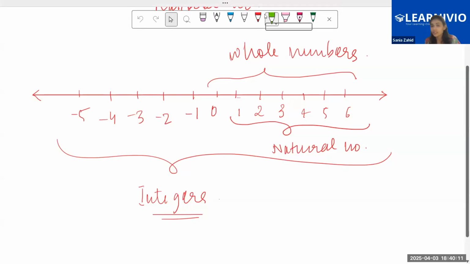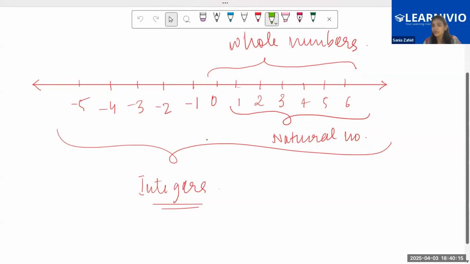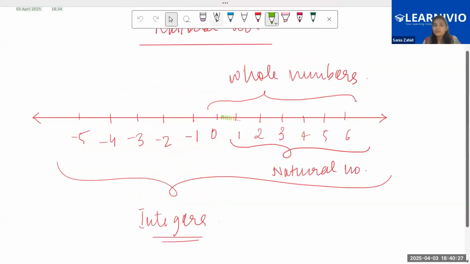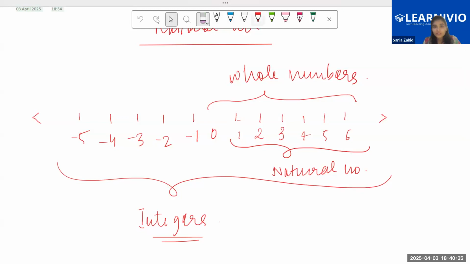Okay, between the integers, you have rational numbers. So what are integers? For example, I have 0 and 1. So between 0 and 1, I can have various numbers. Exactly in between 0 and 1, what do I have? 1 by 2.